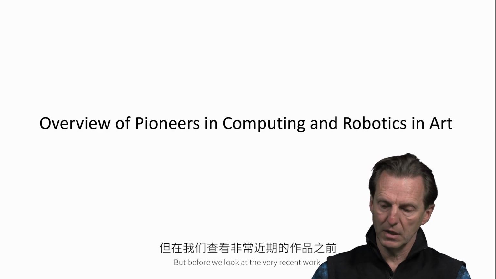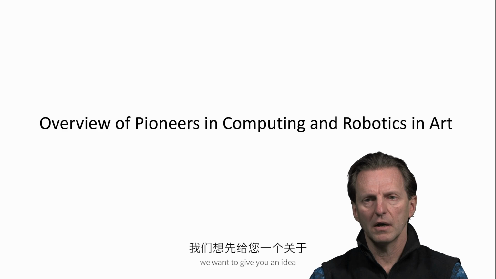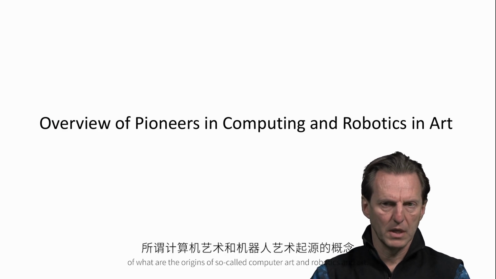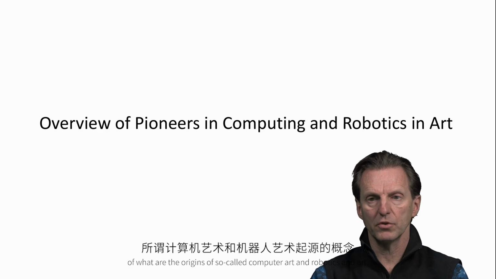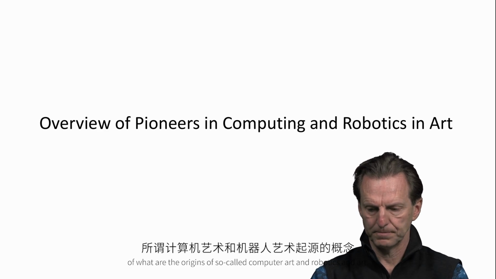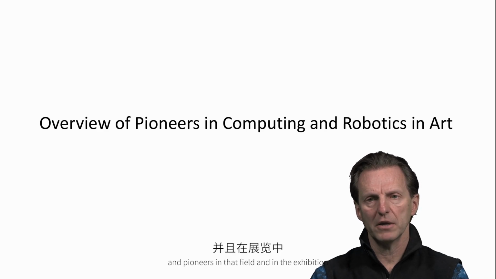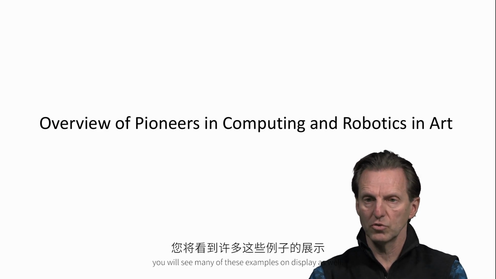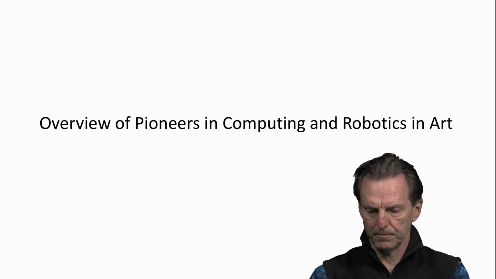But before we look at the very recent work, we want to give you an idea of the origins of so-called computer art and robotics and art. So we'll look at some of the early works and pioneers in that field. And in the exhibition, you will see many of these examples on display as well.